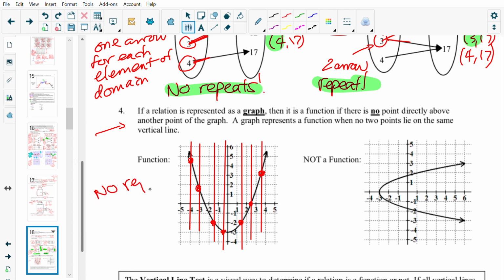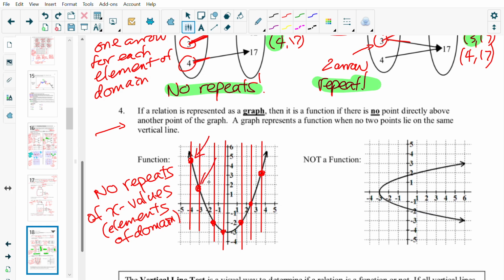So no repeats of x values. I'm only showing one intersection point here. There can't be more than one. So this is why this is a function.